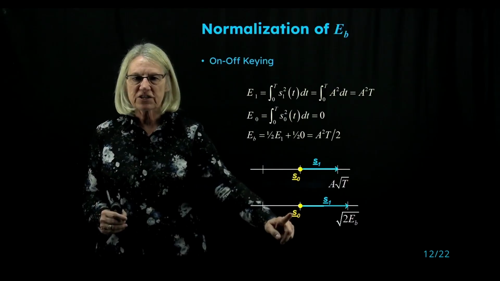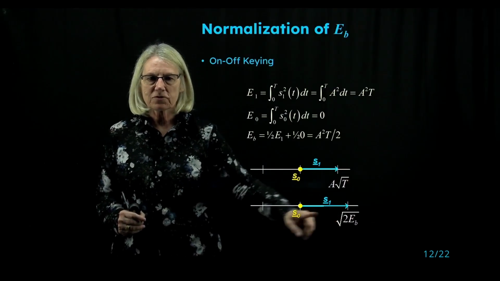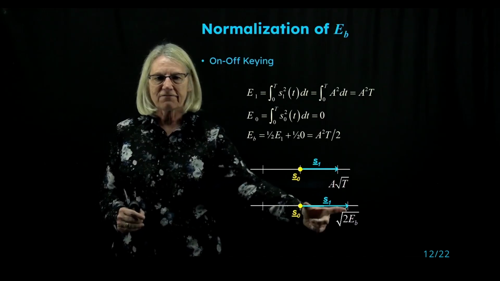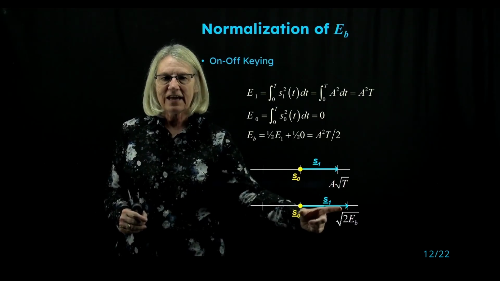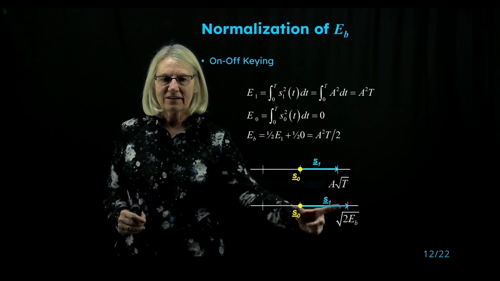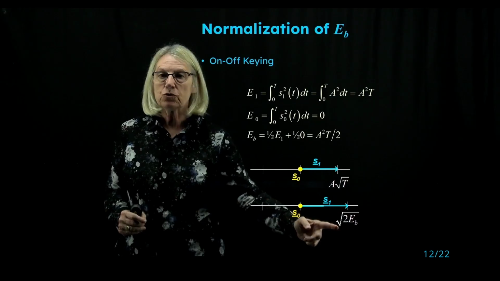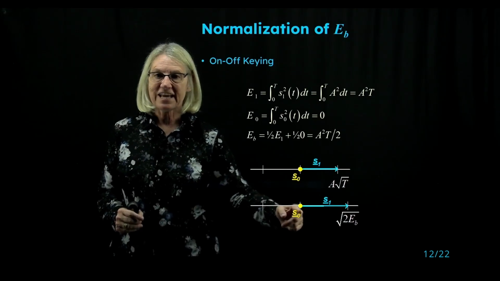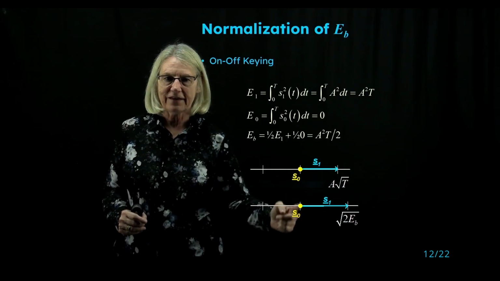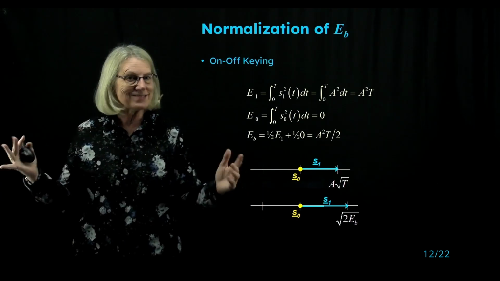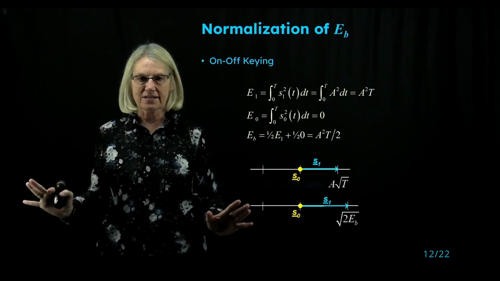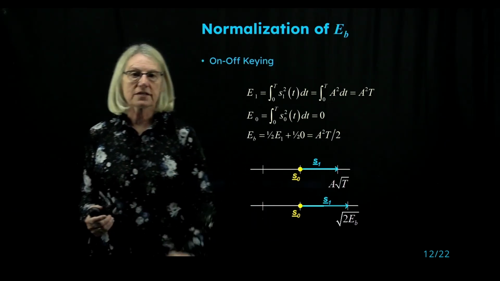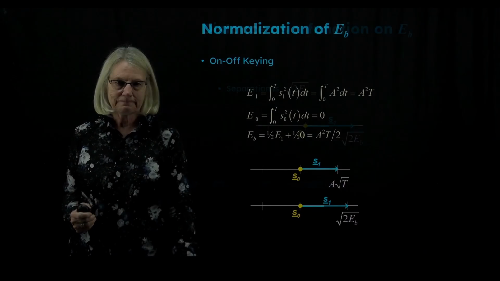I've got my coefficients for my 2 symbols, my 2 binary bits here. And if I look at the length of this, it's going to give me an energy of 2 EB, and I know that if I take the average of that 2 EB and this 0, I'm going to get EB as the energy per bit. So it all makes sense. This is the correct normalization for signal space.